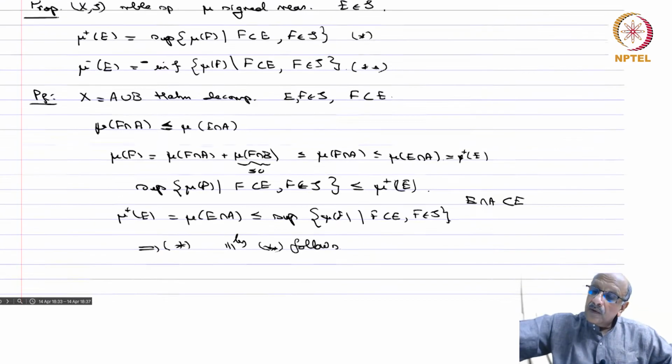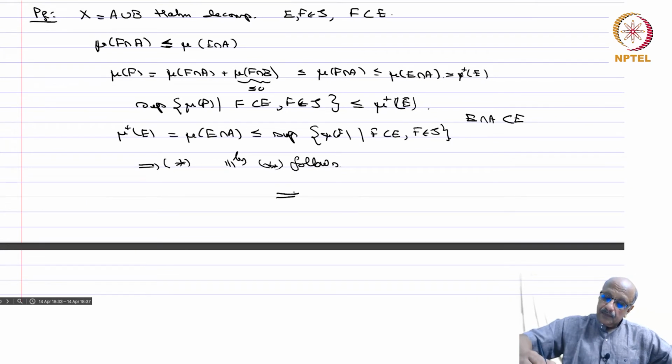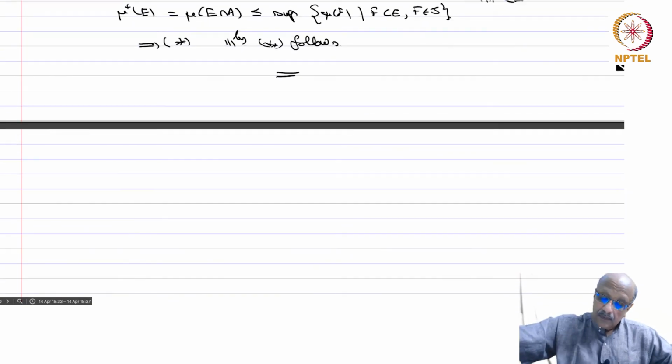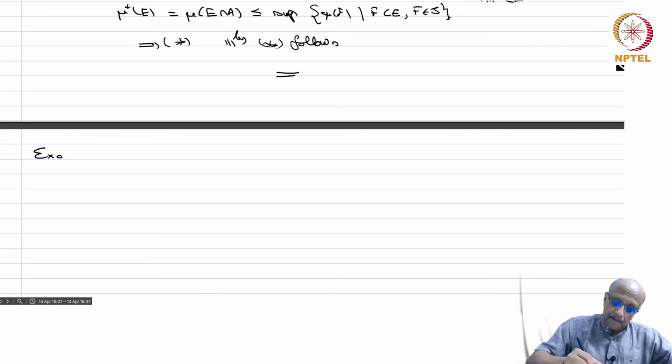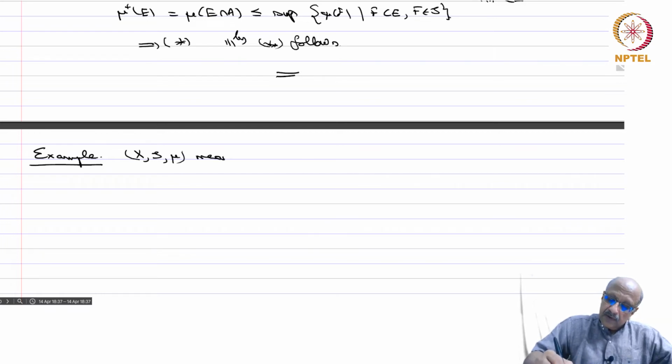So now, example. X, S, mu a measure space and f integrable.